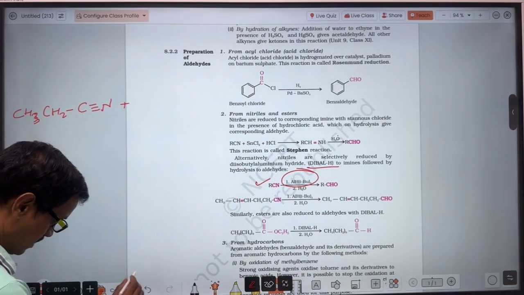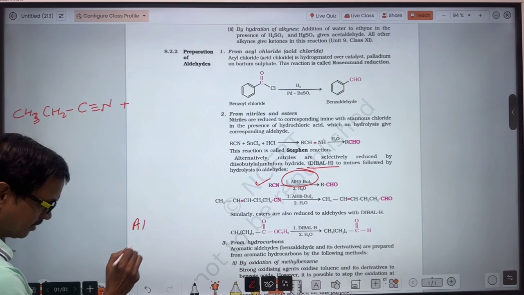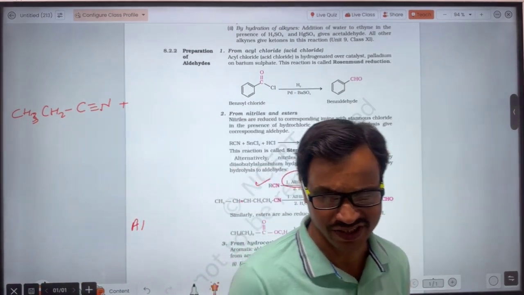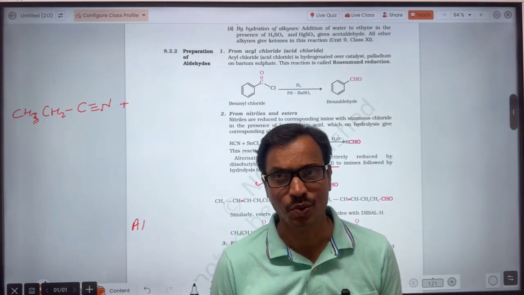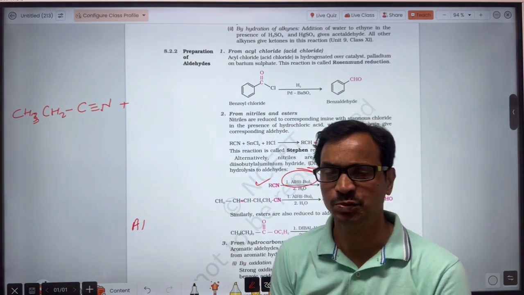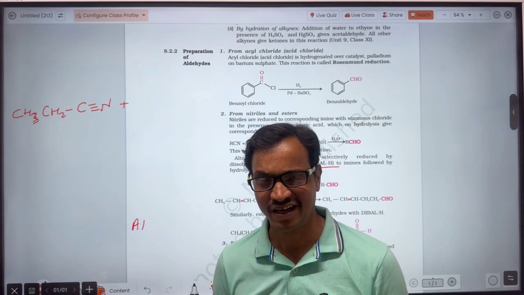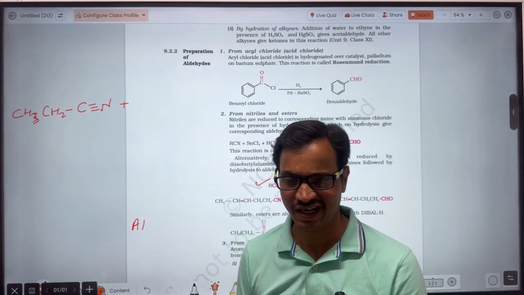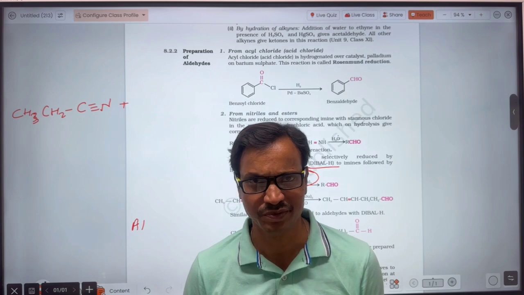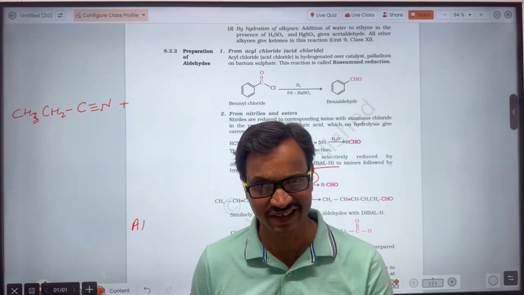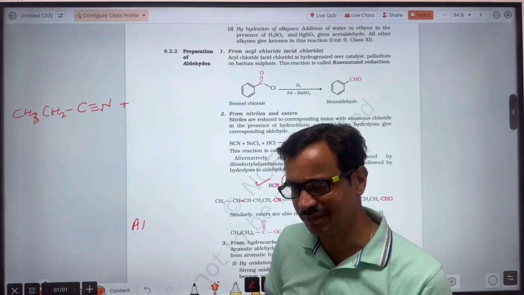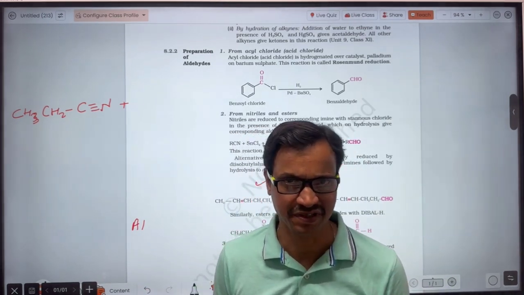What is the structure? So here aluminum is there. As the name indicates, diisobutyl means two isobutyl groups will be bonded to the aluminum, in addition to hydrogen.